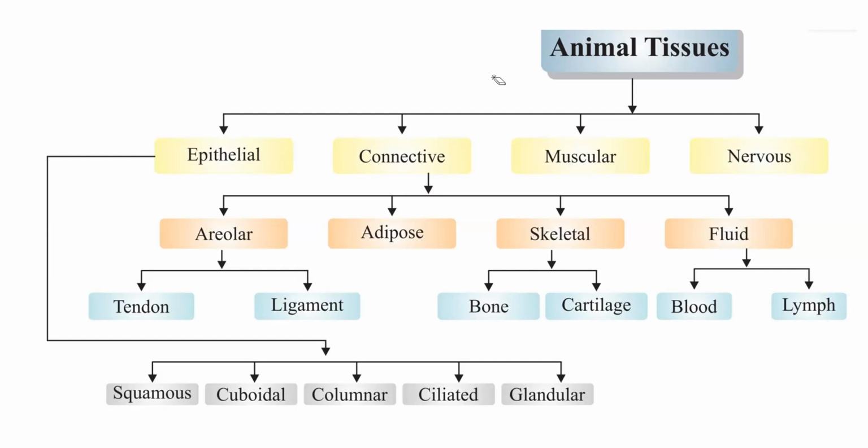You understood? So epithelial tissue is the top layer tissue, lining the cavities of the gut and of the glands. Please wait a minute, note it down about the epithelial tissue.